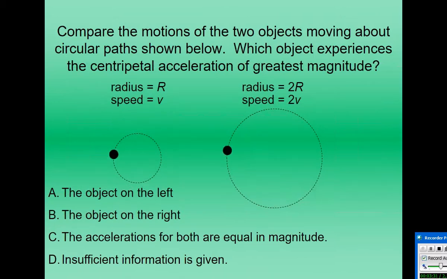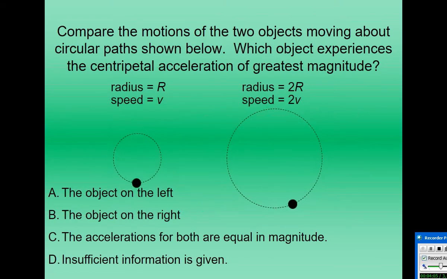Now, take that formula v squared over r and apply it to this question right here. We have two objects undergoing uniform circular motion. However, the circular path on the right has twice the radius of the circular path on the left. Both objects complete their circular paths in the same period of time, meaning that the speed of the object on the right is twice the speed of the object on the left.